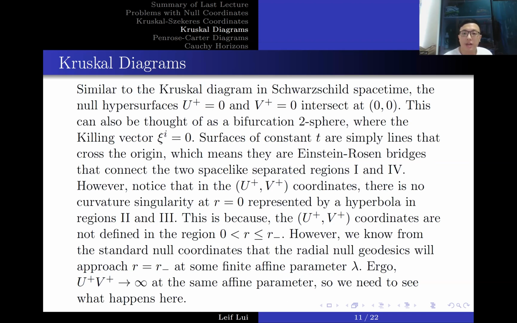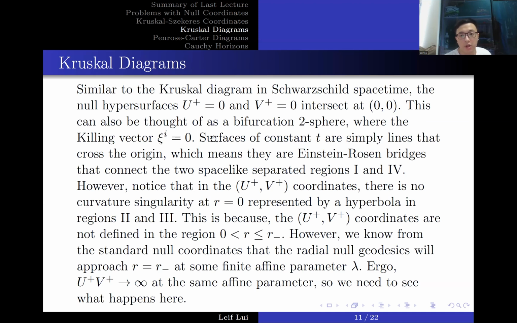So similar to the Kruskal diagram in Schwarzschild spacetime, there is a null hypersurface. I didn't explain what this word is before. A null hypersurface is a surface where all the normal vectors on this surface are null geodesics. So basically it is null, right? So what happens is u plus and v plus equals 0 intersect at 0, 0.